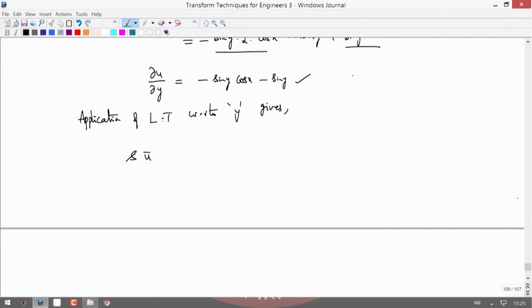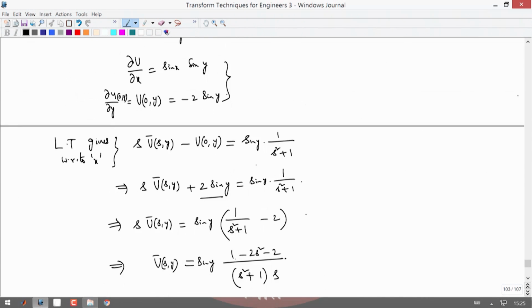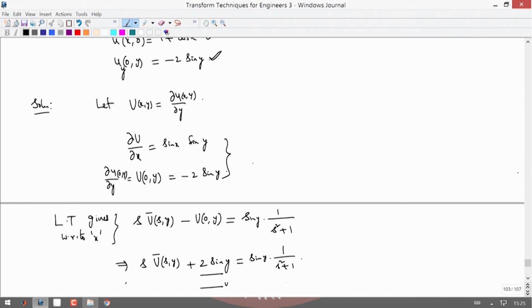So, when you write this u bar with respect to y you are doing, so you have x as y becomes s minus u at x 0, and this is what is given as the first boundary condition, that is 1 plus cos x.